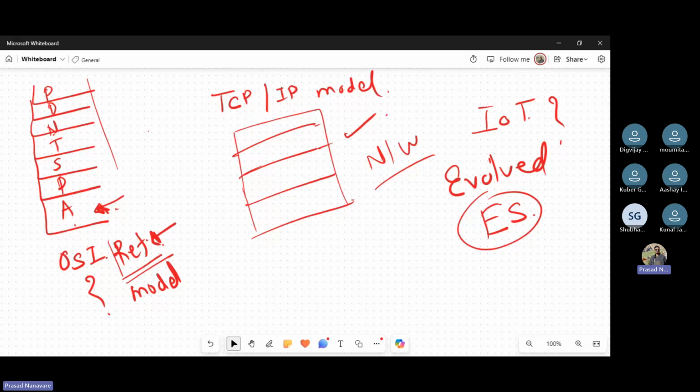So what happens here? The thing is, Internet of Things, how can I call this device an IoT device, and why would I call it an IoT device? It is because it is exchanging the information with the base station.